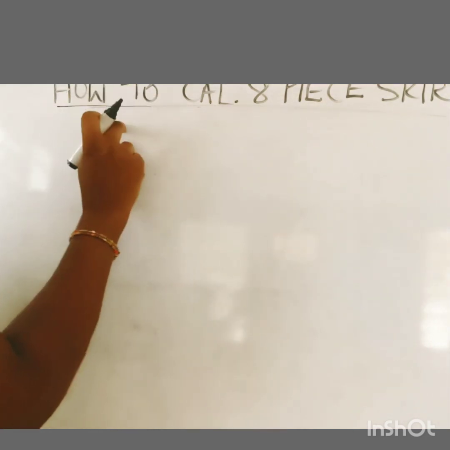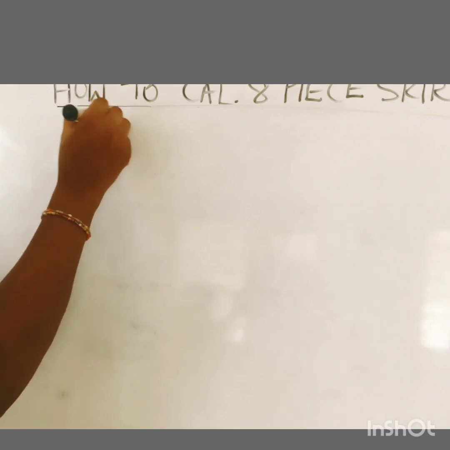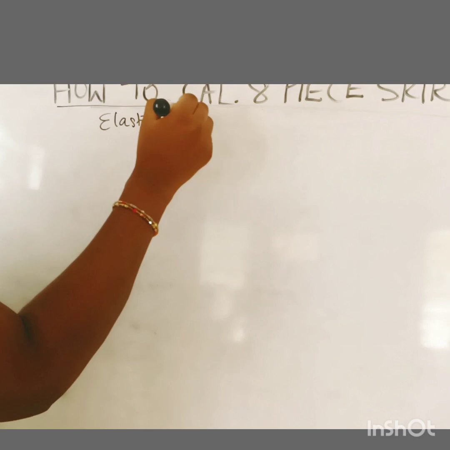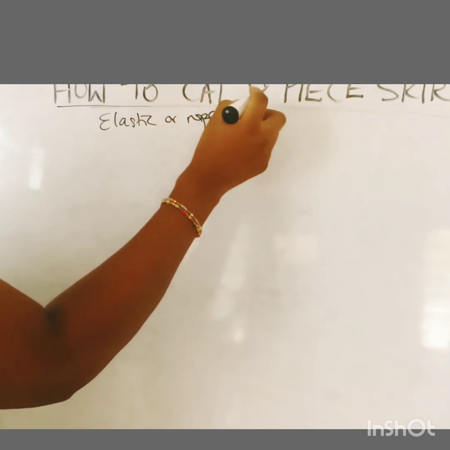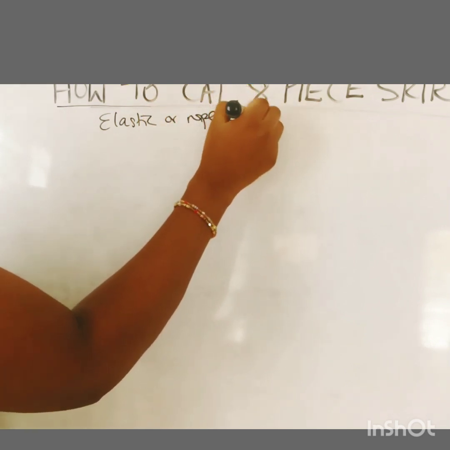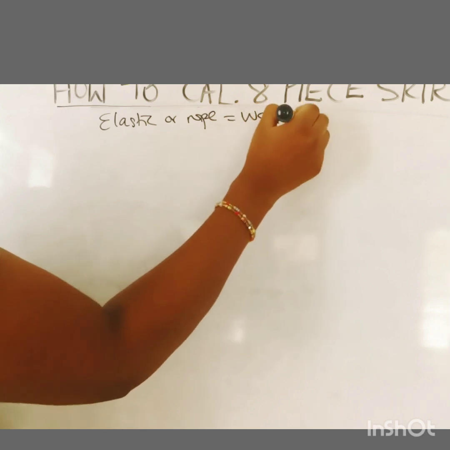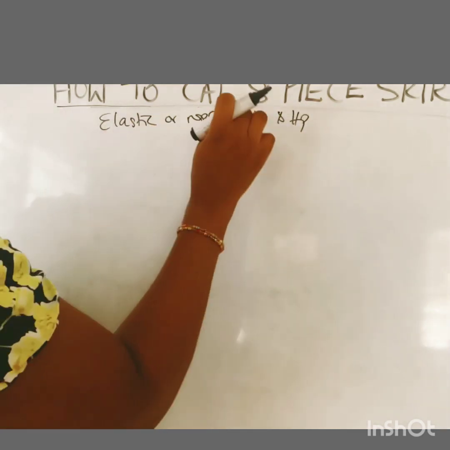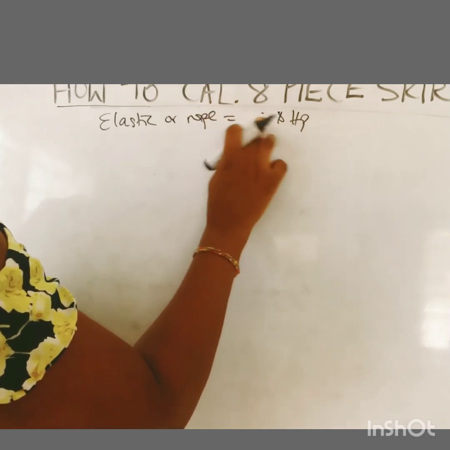So don't forget, if your skirt is going to use an elastic or rope, you use the same measurement for waist and hip. But if it's not going to have elastic or rope, then that is for the waist.